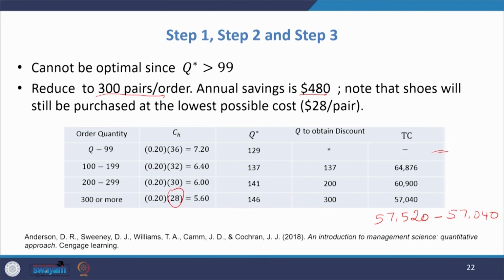If they take that offer, instead of ordering 500 units, if they order 300 units, they will save inventory cost. How much? $480. So, dear students, in this lecture I have explained the quantity discount model. In the quantity discount model, what we have learned, there are 3 steps. What are these 3 steps?